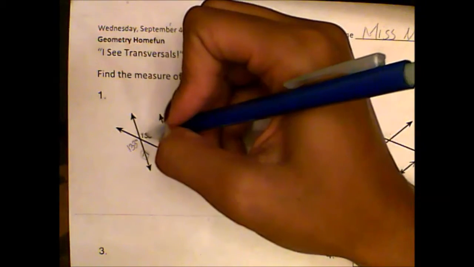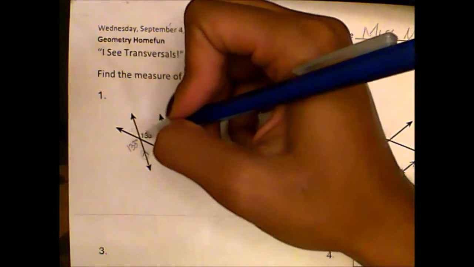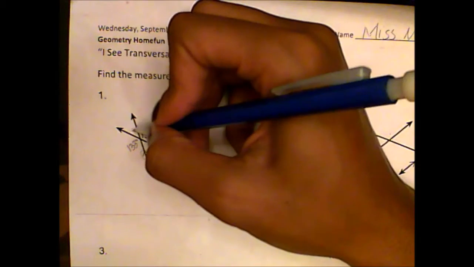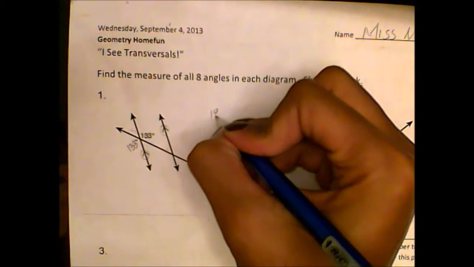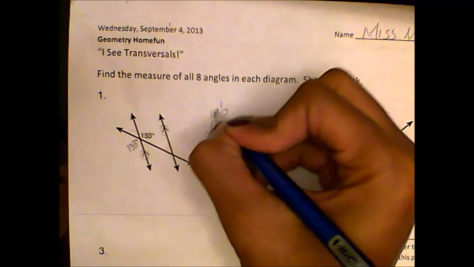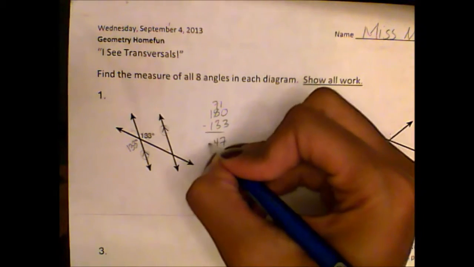Now I know that these two are a linear pair, and if this is 133, then this number, when added to 133, must equal 180. So what I'm going to do is subtract 133 from 180. 10 minus 3 is 7, 7 minus 3 is 4, 1 minus 1 is 0.